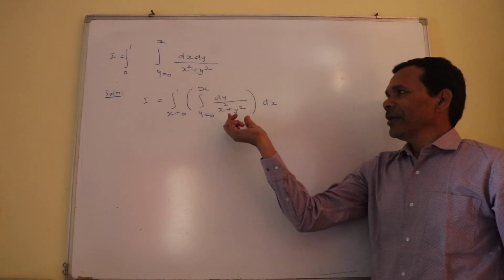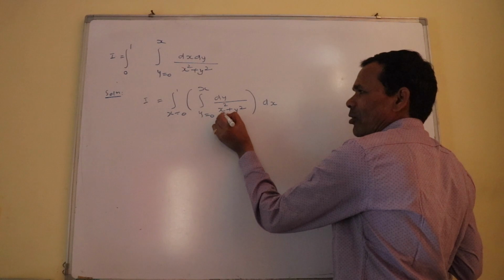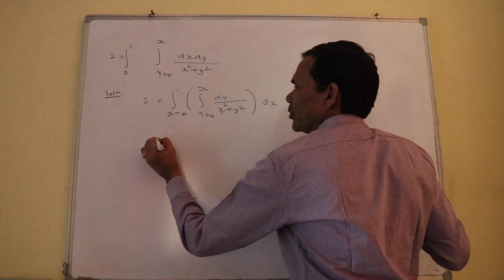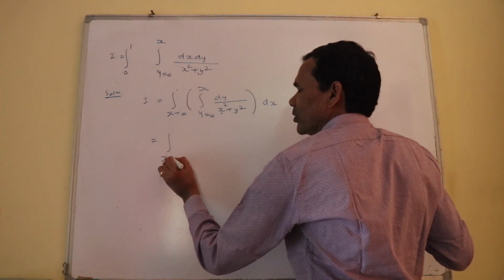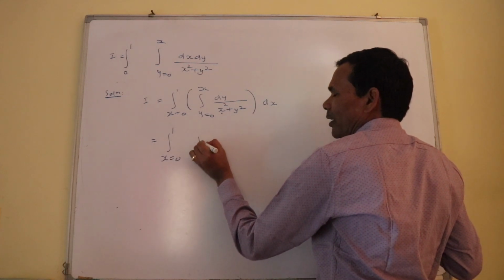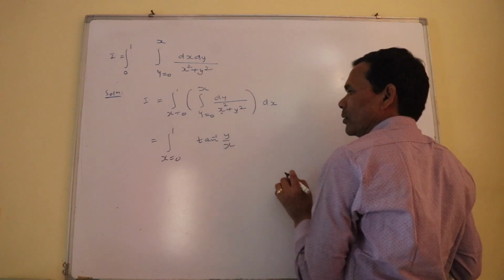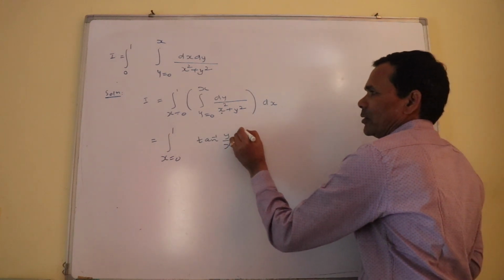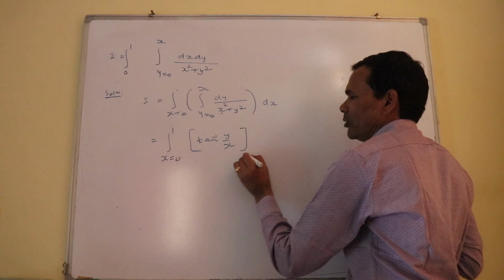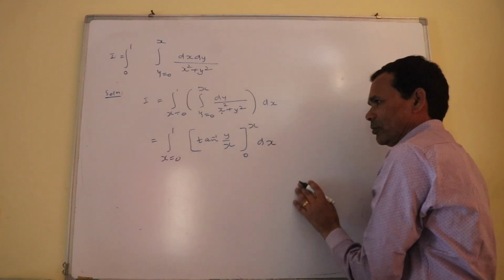With respect to y, x as a constant. So you are getting x is equal to 0 to 1, integration of this, tan inverse of y upon x, limits applied y 0 to x into dx.